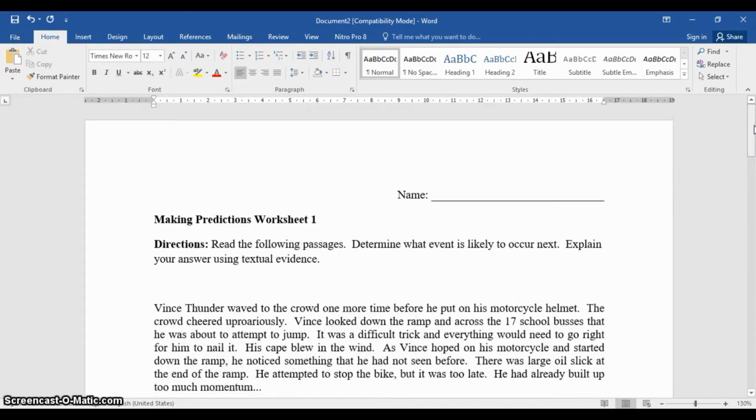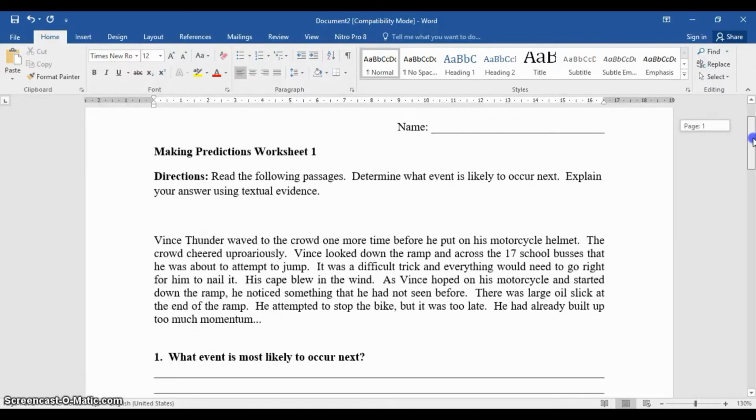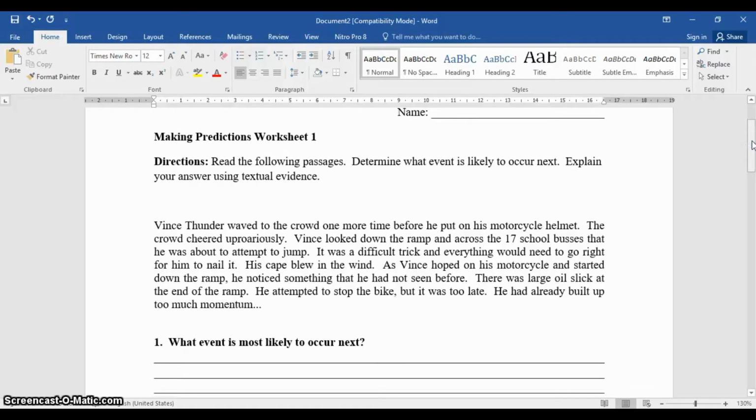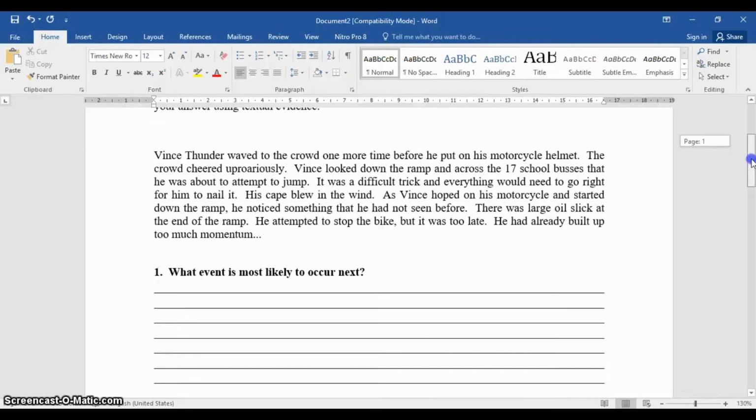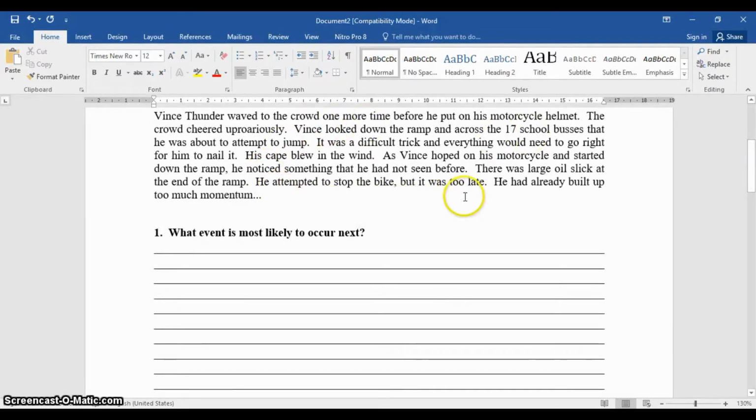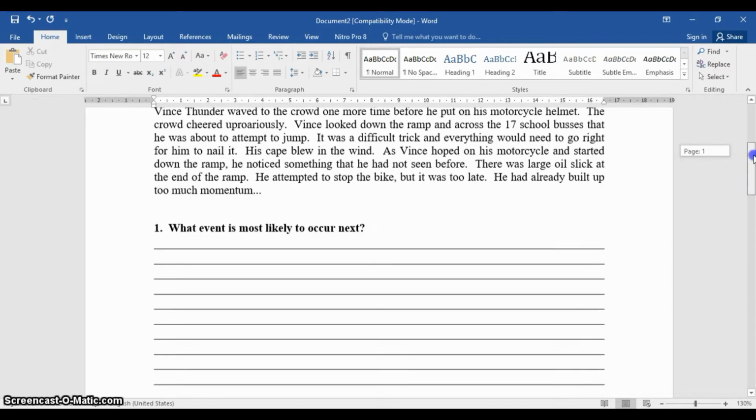In this case, I will give 2 different texts, and they have to make a prediction in their group. And here is the first text, or the first worksheet. You can read the direction, and here is the text that has to be continued by the students.